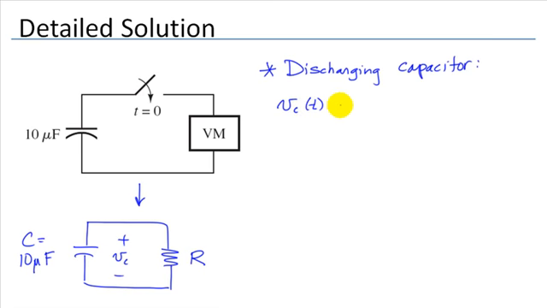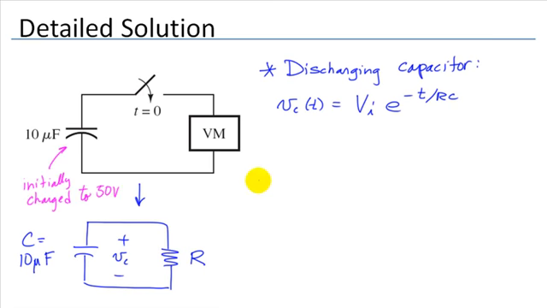Now when we have a capacitor discharging through a resistance, we know that its voltage across time is the initial voltage Vi times e to the minus t over RC. The problem statement tells us that the capacitor is initially charged to 50 volts, and then the voltmeter reads 25 volts at t equals 30 seconds.